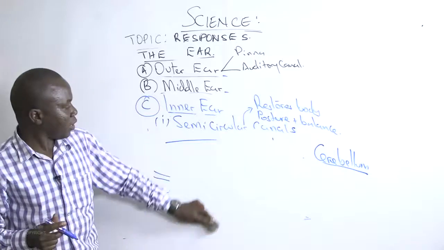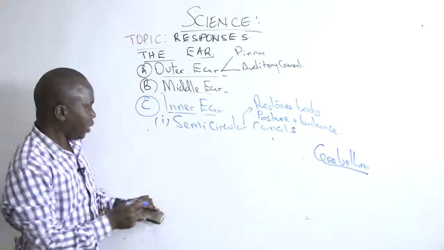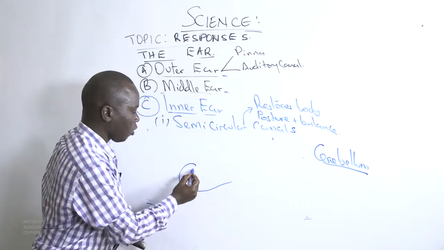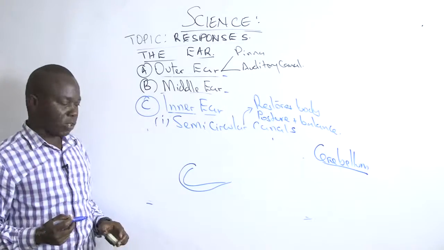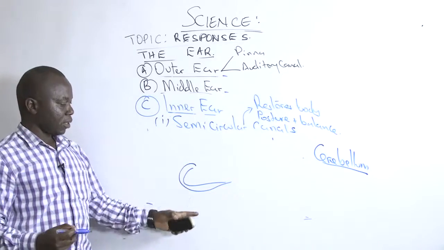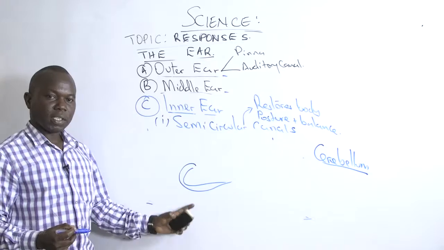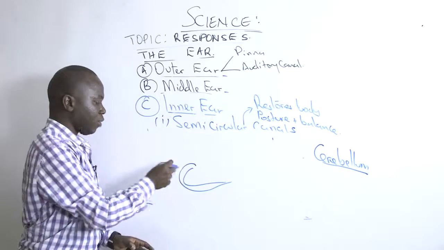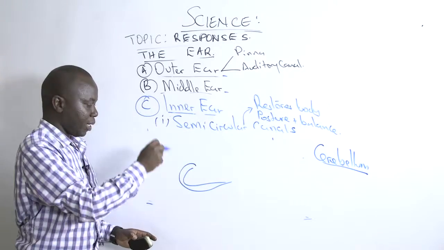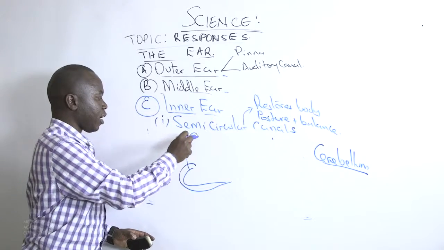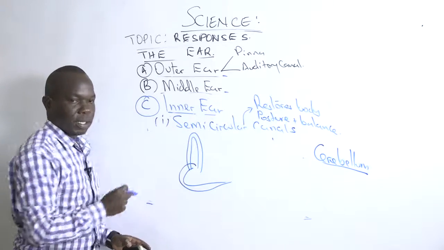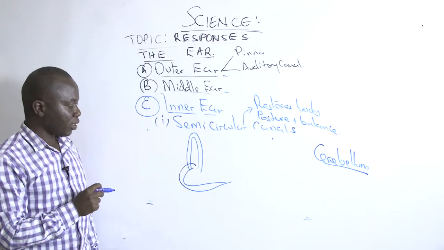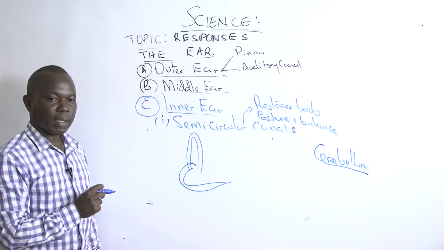Briefly, something about these semicircular canals. We have said we have the one that is horizontal. When you move up and down, it is the horizontal semicircular canal that is involved. Up, down. And then we have said we have the lateral vertical semicircular canal.